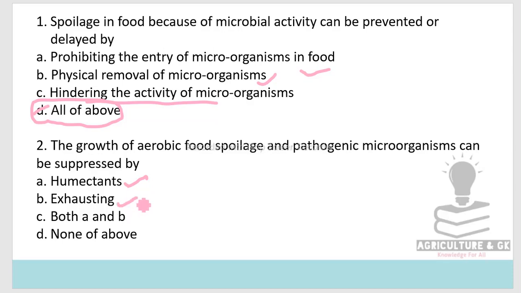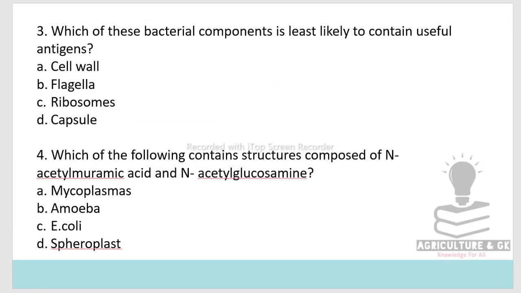And in exhausting we will remove the air. If we don't let the air enter the food, there won't be an aerobic atmosphere for the pathogens to grow. So our answer will be humectants and exhausting, both A and B. The growth of aerobic food spoilage and pathogenic microorganisms can be suppressed by humectants and exhausting. So the right option will be option C.